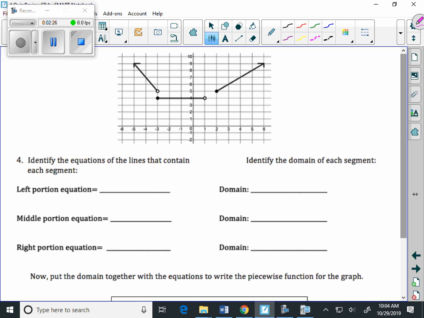But when we start with our first piece, which is going to be to the far left here, we want to identify what's the slope and what's the y-intercept. And the slope is probably the easier part of this problem.